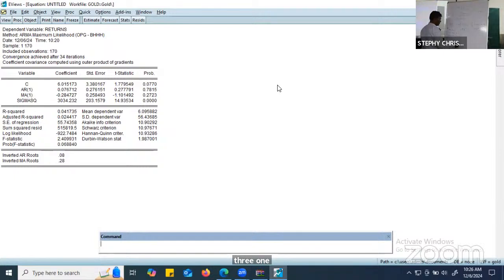One more, ARIMA 3, 1, 1. Why do you have to do it? It's all trial and error. Just go ahead. Seventh model, I want to see ARIMA 2, 2, 2. Eighth model, I want to see ARIMA 3, 3, 3.